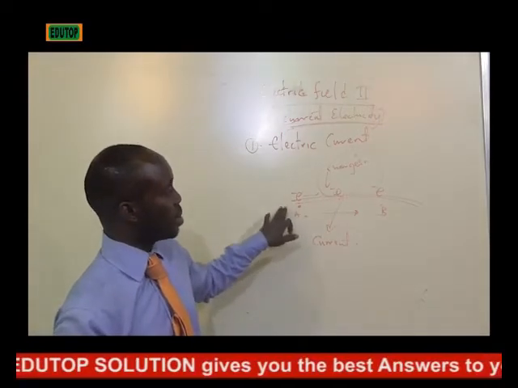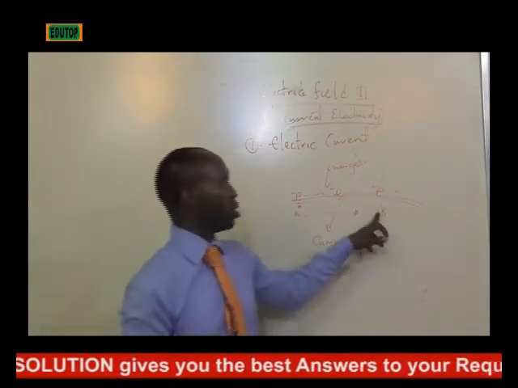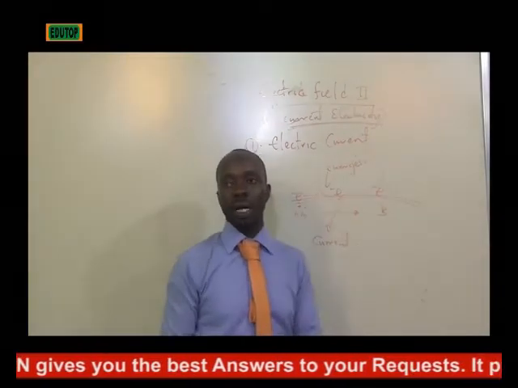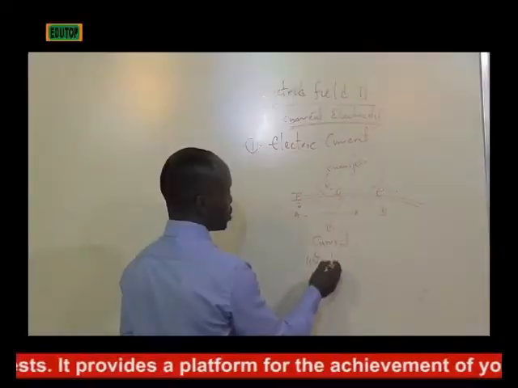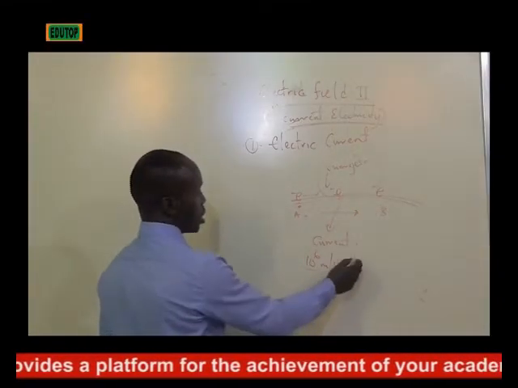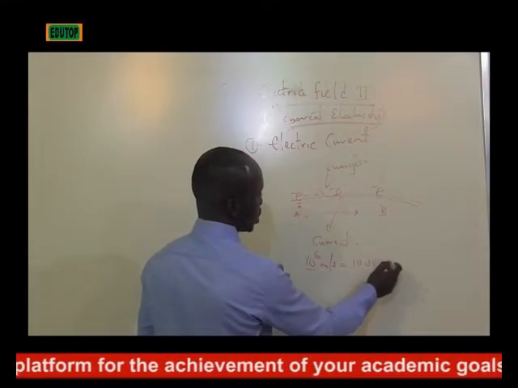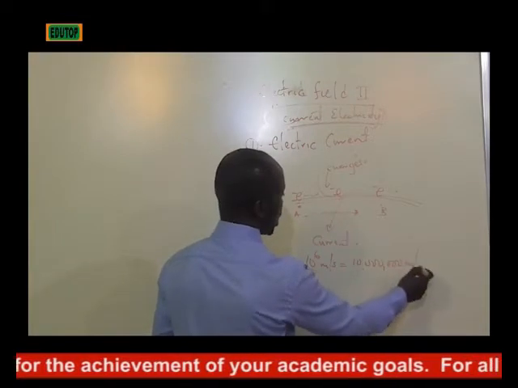It is any charge that is moving from one point to another in a particular conducting material. Now if we proceed, we said it has a speed of about 10 exponential 6 meters per second. If you break this down, that's 10 million meters per second.